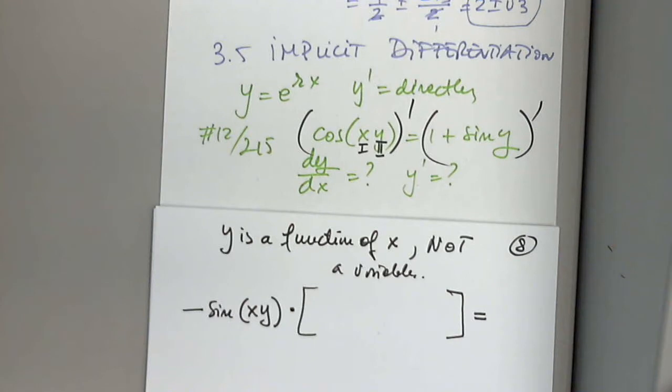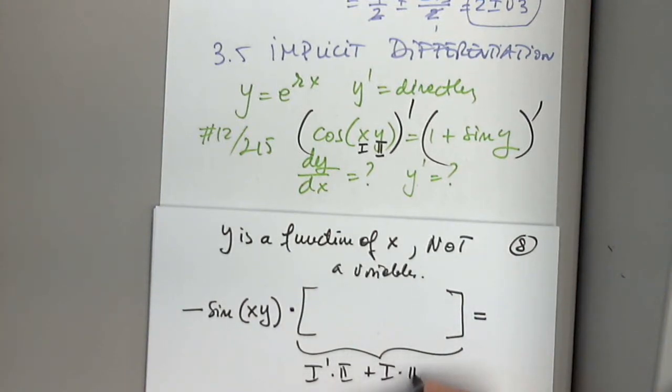Why must it be a sum? Because this is function 1 times function 2: 1 prime times 2 plus 1 times 2 prime. So that's the formula. That's what I have to have in here, if you're using this order. I recommend it, but if you're used to something else, I'm fine too.